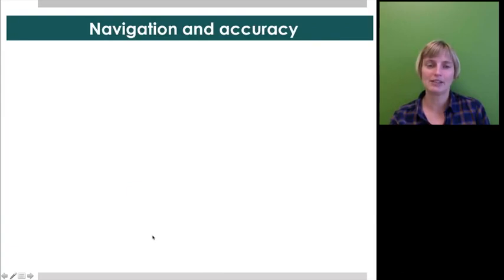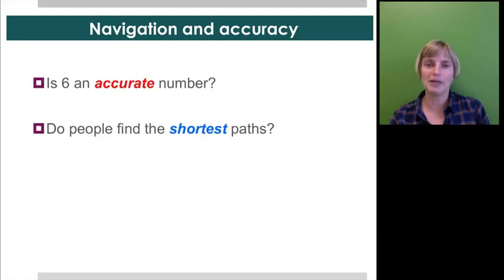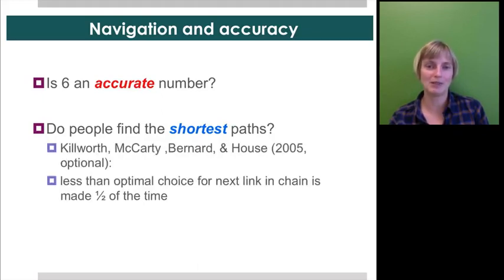A second factor in how accurate that number is, is that individuals actually may not be finding the shortest paths. They don't know the global structure of the network. All they're doing is passing the message on to someone they think is more likely to know the target. There was this nice study in 2005 that mapped out completely a network within an organization. So they had that map, which was who talks to whom.